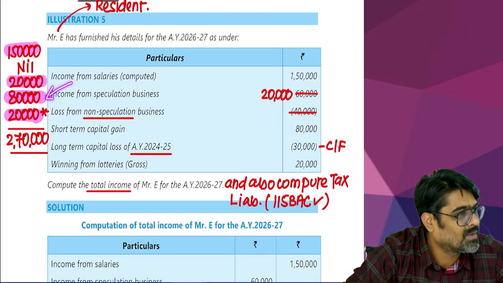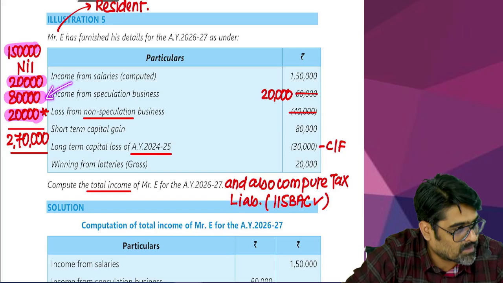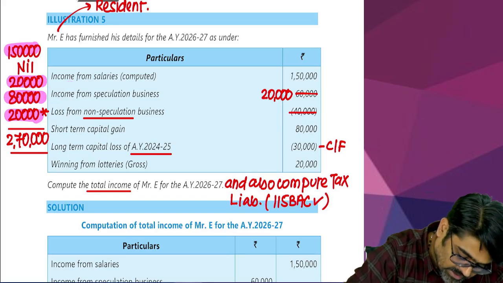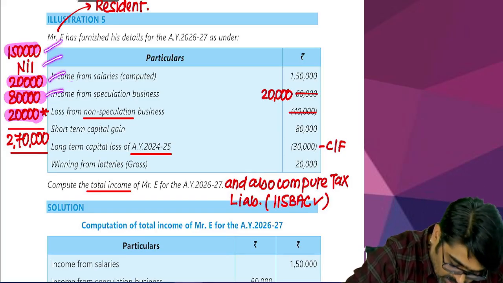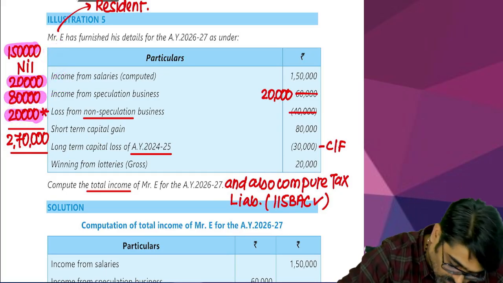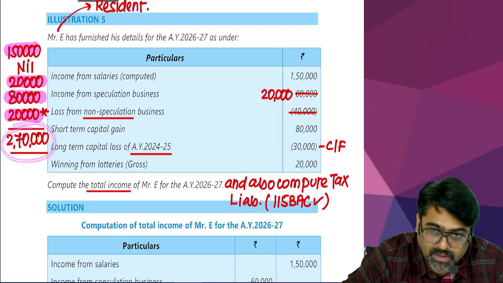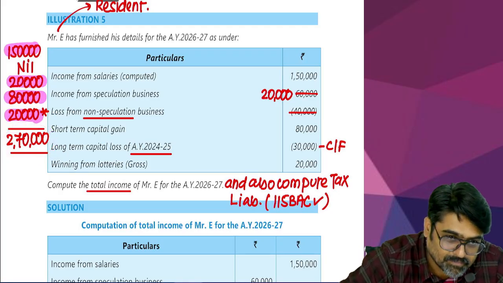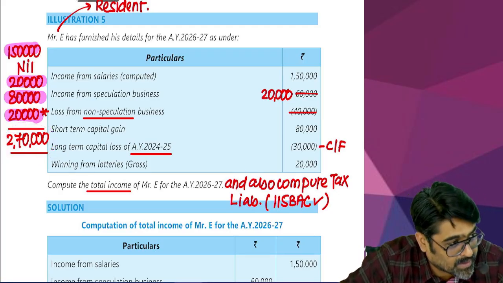So this is your normal short-term gain, taxable at normal rates. Normal rate, normal rate, normal rate, normal rate, special rate. So you'll have to divide your total income into normal income and special income, and then calculate the tax.